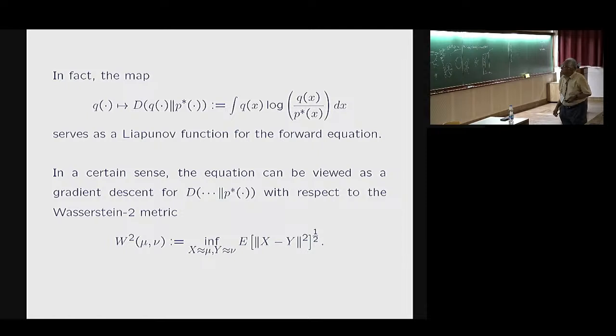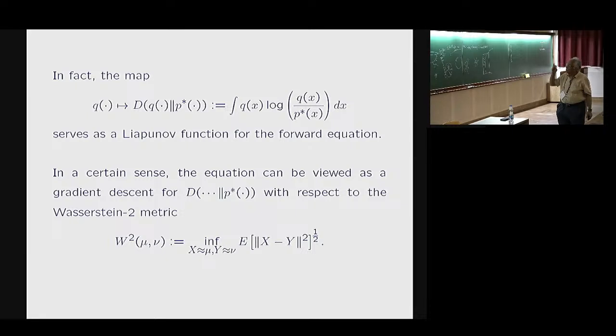And what Jordan, Otto, and Kinderlehrer did was to show that this actually works. The forward equation is like a gradient descent of this. This thing decreases. What they do is they discretize, and from each step to the next step, they get the next distribution by minimizing the conditional Wasserstein metric.